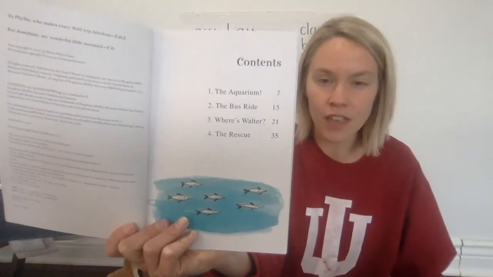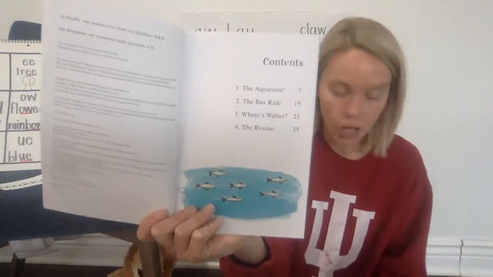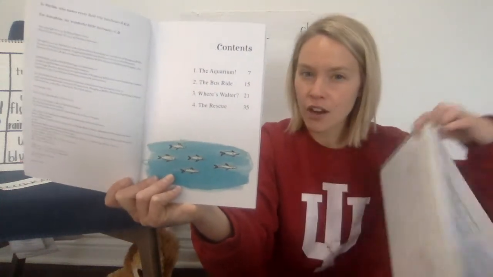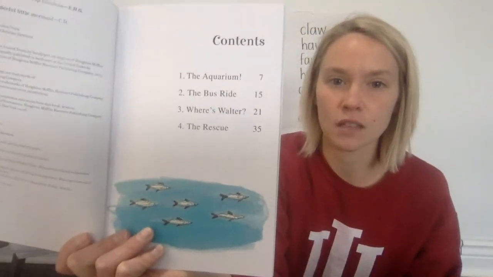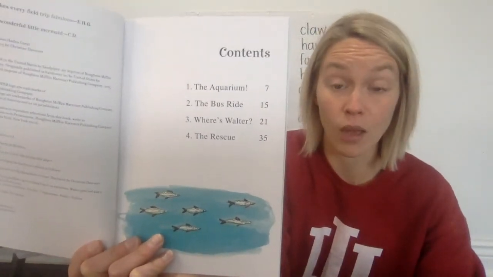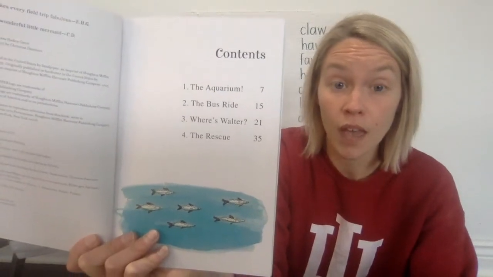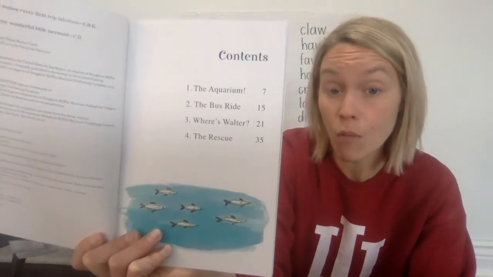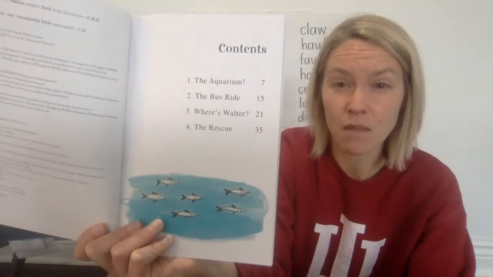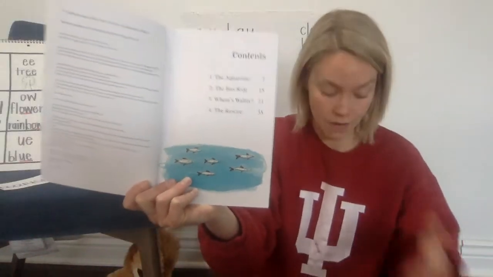So I am thinking that when we go on an adventure with these characters, these chapters are going to tell us maybe where they're going and what might happen. So maybe they're going to go to the aquarium and maybe they will be on the bus at one point and maybe they're going to be rescued. I don't know. We're going to have to read and find out.